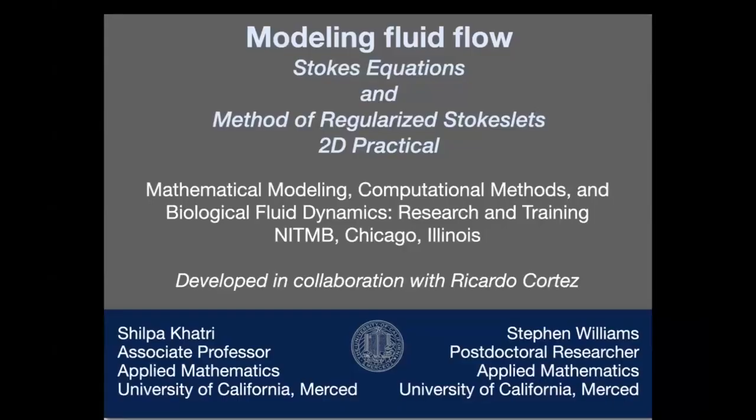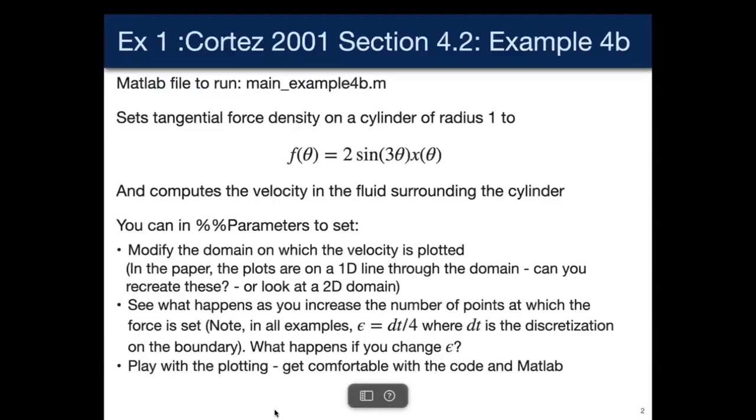In the GitHub code, there's a number of examples from the paper, both the 2D and the 3D. They're MATLAB codes, so I'm hoping enough of you have MATLAB installed. If you don't, maybe you can look at your neighbors. It tells you which example it is in the slides, and then the name of the file to run so you can compare. It also tells you what it's doing.